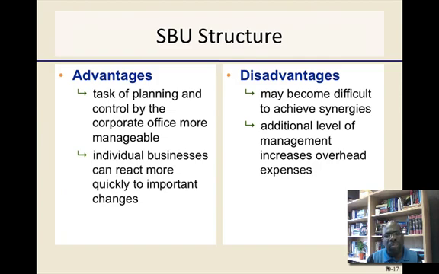The disadvantages is that it may be very difficult to achieve synergies, because each company, even within the business unit, is autonomous, and so they want to do their own thing rather than work together with other companies. There is also an additional level of management that increases expenses for the organization as a whole.